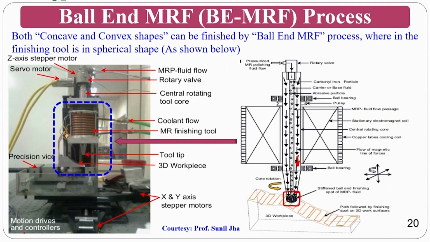Because of this, what will happen? A strong magnetic field strength will be generated here, which forms a spherical ball, and this spherical ball is like your helical cutter. Now you have a helical cutter which is a flexible tool. Now you can move along your x axis, y axis and z axis along with swiveling and other things.